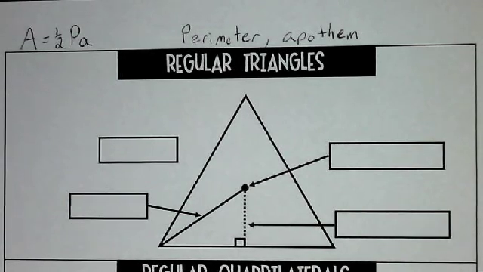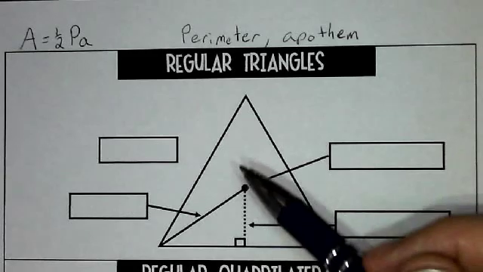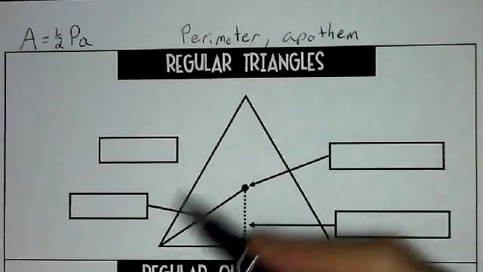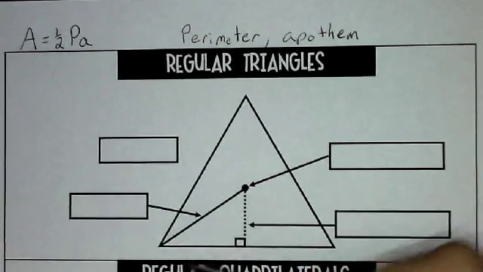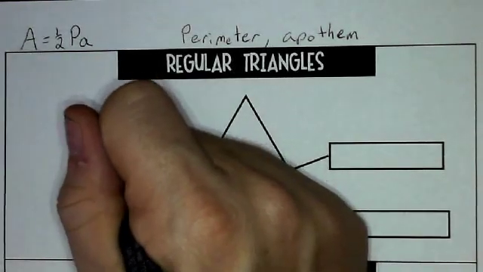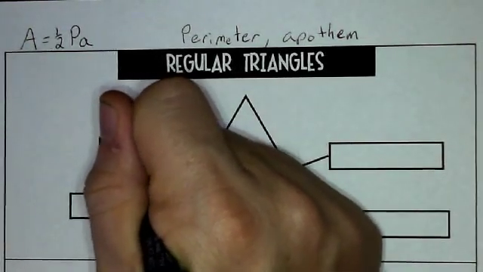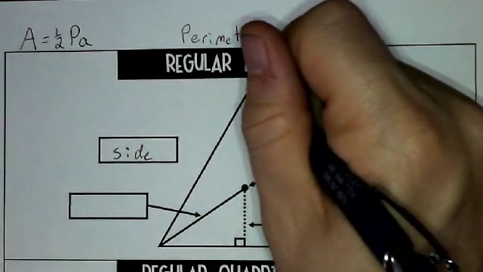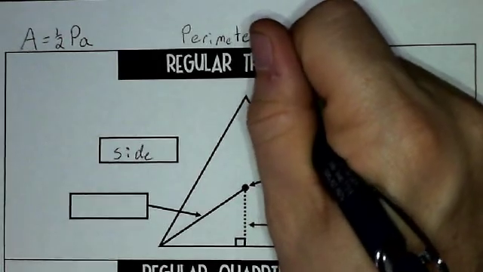So let's break down all the parts of our regular polygons and see if we can identify what the apothem is. We're going to start with this long edge here. And this is, of course, just the side of my polygon, which in this case is a regular triangle, or equilateral triangle.